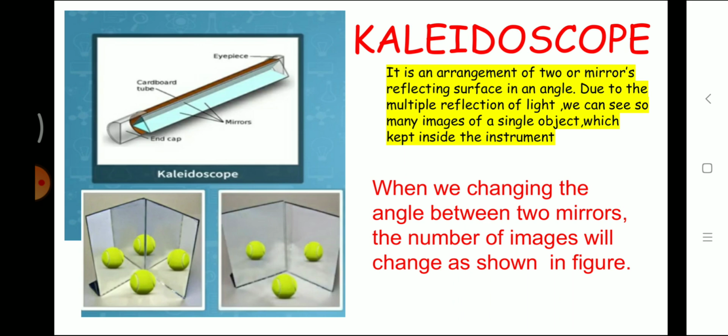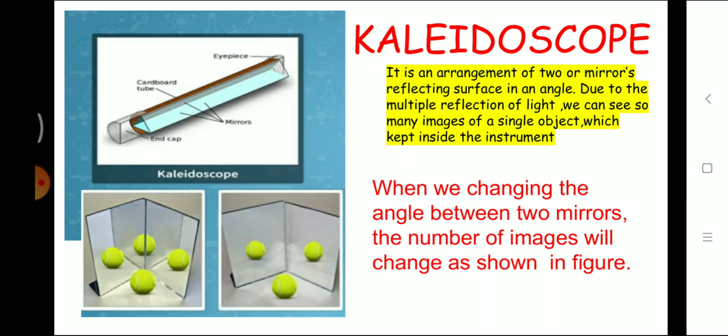So, one example of a device that makes use of multiple reflection is the kaleidoscope. Below the kaleidoscope, you can see an arrangement of a ball and two mirrors. In the first picture, you can see three images of the ball.